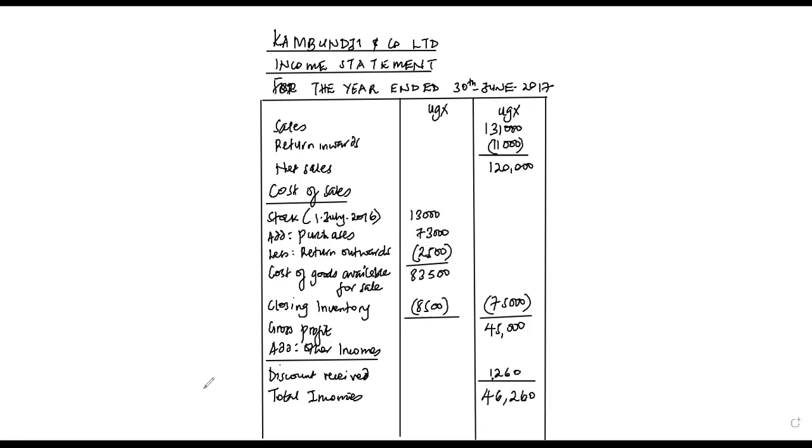Then after getting total incomes, we have to less the operating expenses.